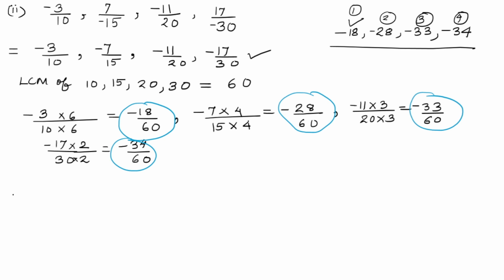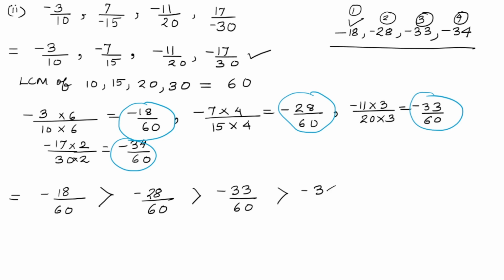Now we will rewrite this as minus 18 by 60 is greater because it is nearer to 0, right? Next is minus 28 by 60, followed by minus 33 by 60. And what is the smallest number here? The smallest number is minus 34 by 60. Now let us write their actual rational numbers.